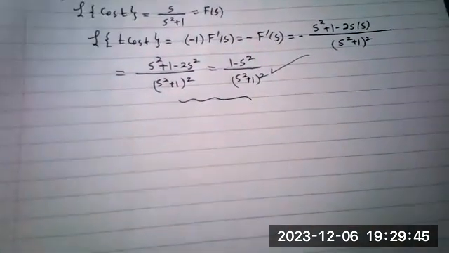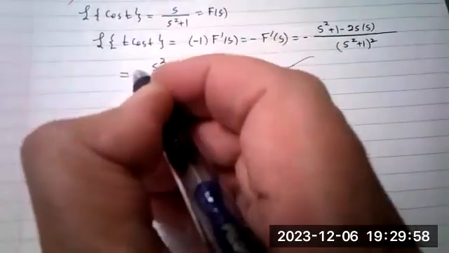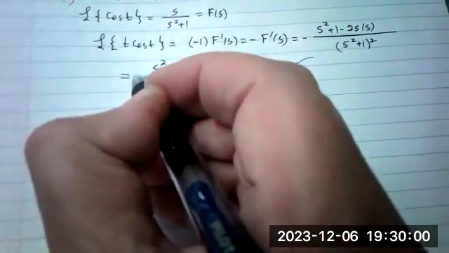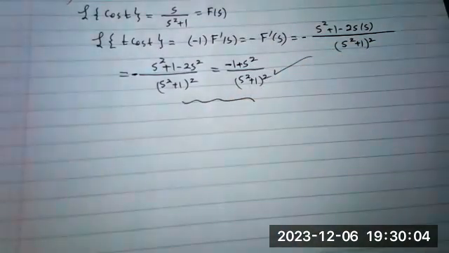They are popular problems, you know, for the future. Negative, I missed that negative. Okay, so I can apply it to the top. This is it: negative 1 plus s squared, over s squared plus 1 all squared.